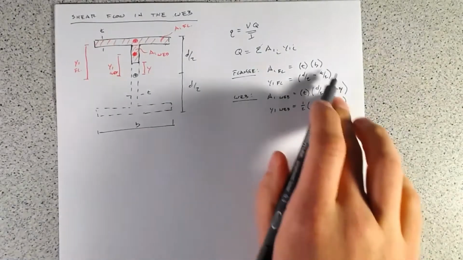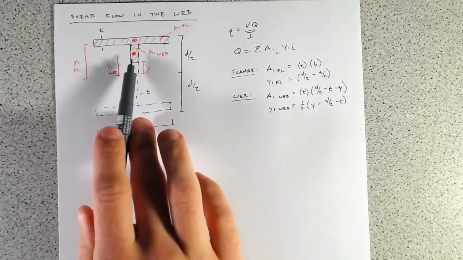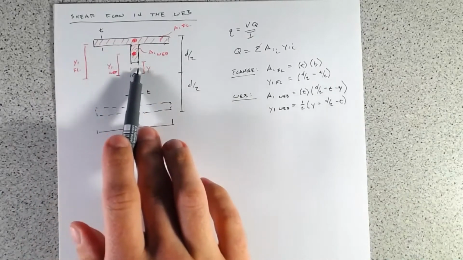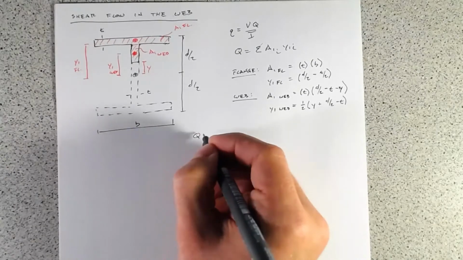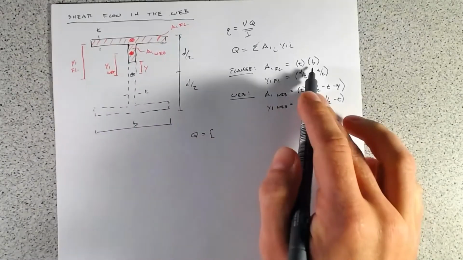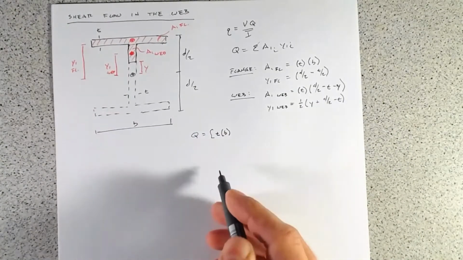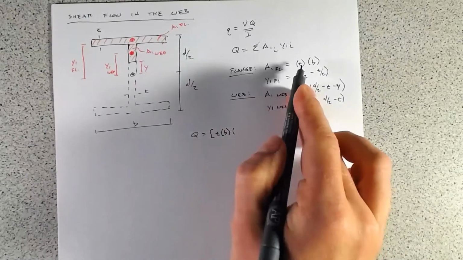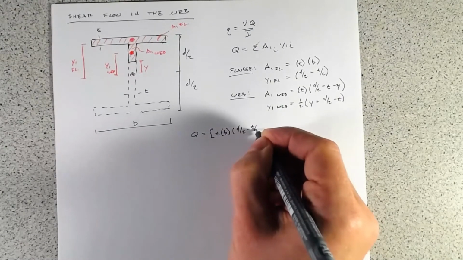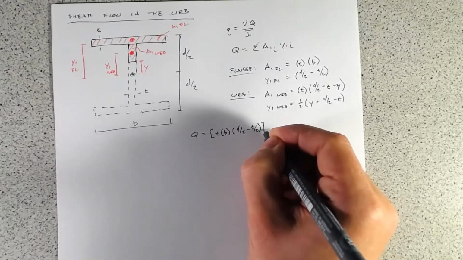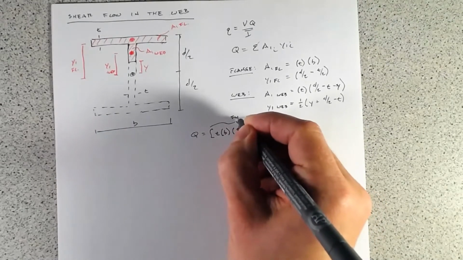All right, so to put all of this together, we just sum up each A1 times Y1, and that gets us our Q for all of this section here. So we have Q equals the first bit, which is just the thickness t times the width of the flange, and that's our A1, times d over 2 minus t over 2. So that's going to be the contribution from the flange.